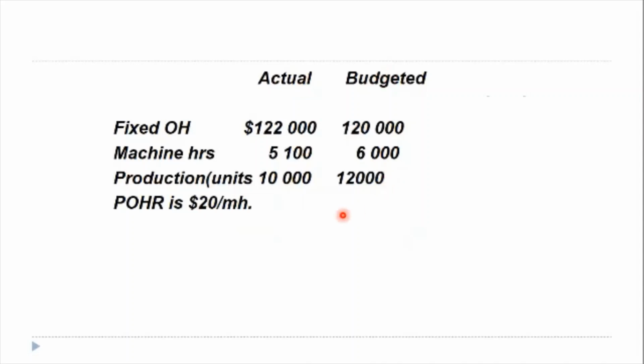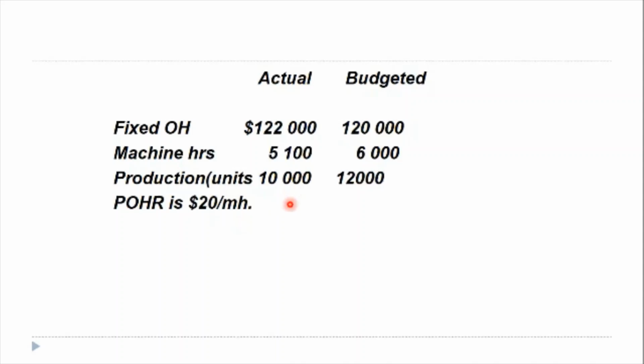Actual and budgeted figures for a month: the fixed overhead was actually 122,000. The budgeted was 120,000. Machine hours 5,100, budgeted 6,000. Production units 10,000, budgeted 12,000. The POHR is $20 per machine hour.